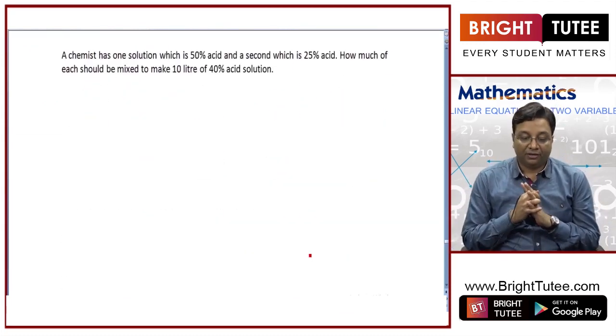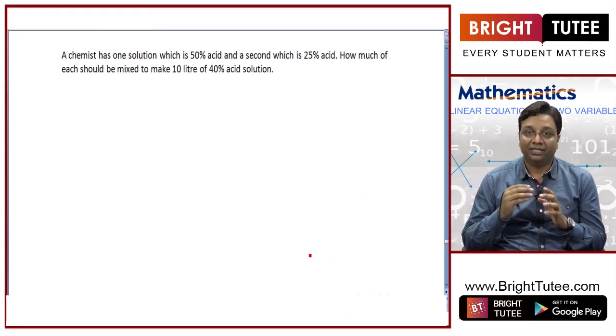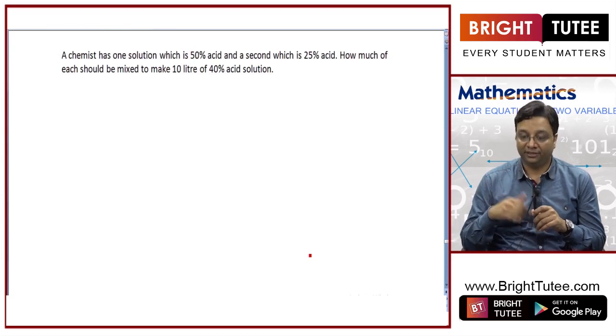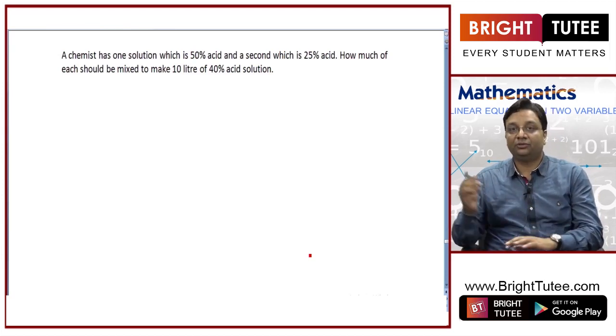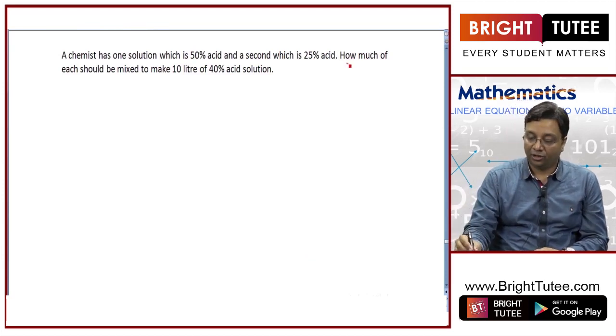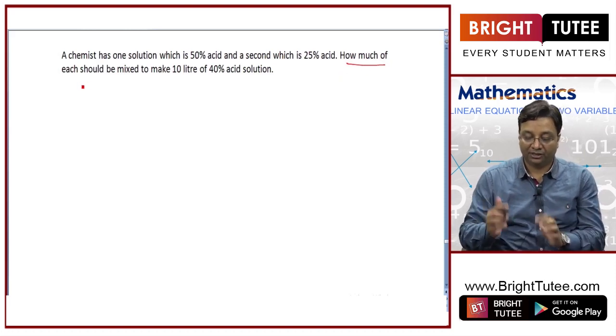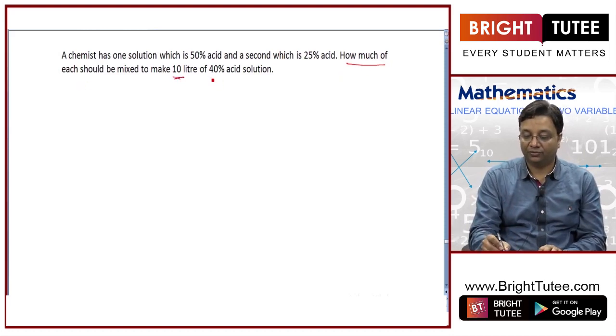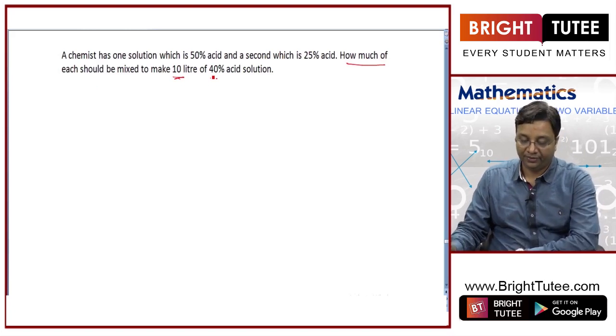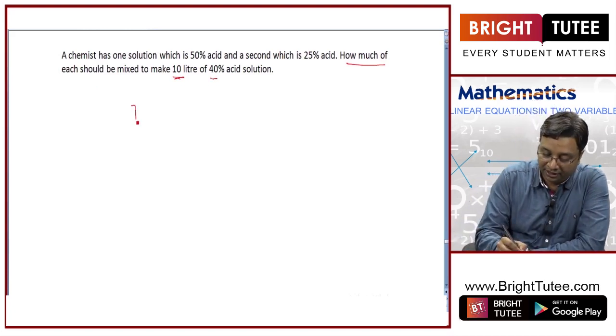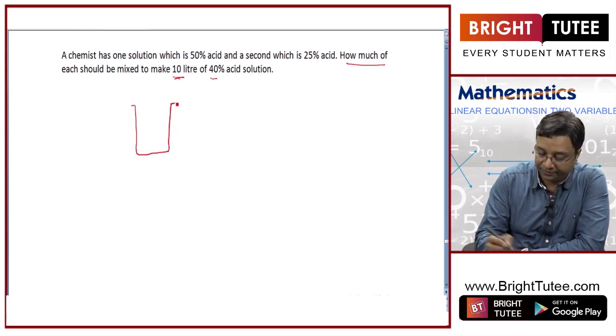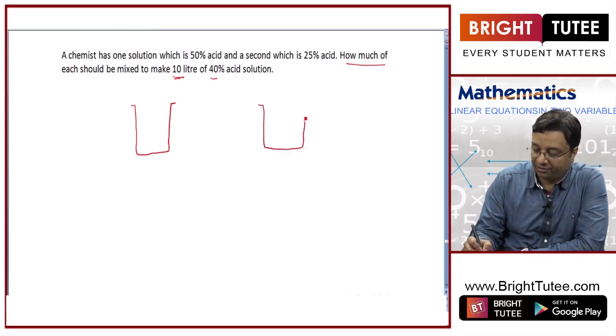Okay. Now we have got a word problem of a mixture, right? A chemist has a solution which is 50% acid and a second solution which is 25% acid. So how much of each should be mixed to make 10 liters of 40% acid solution? Now the question is, there are two solutions available with a chemist.